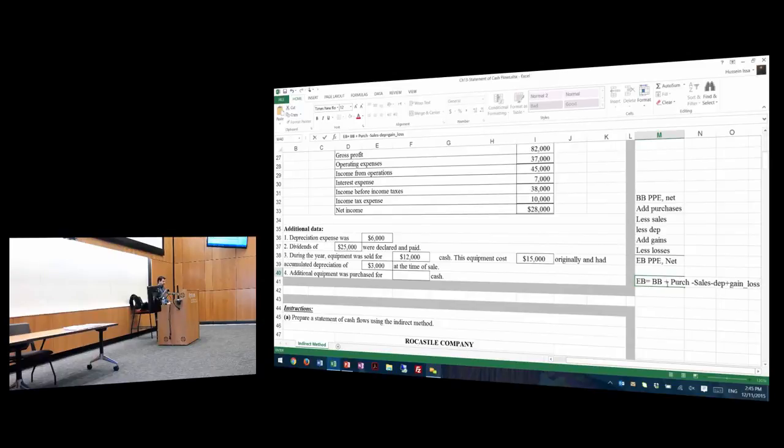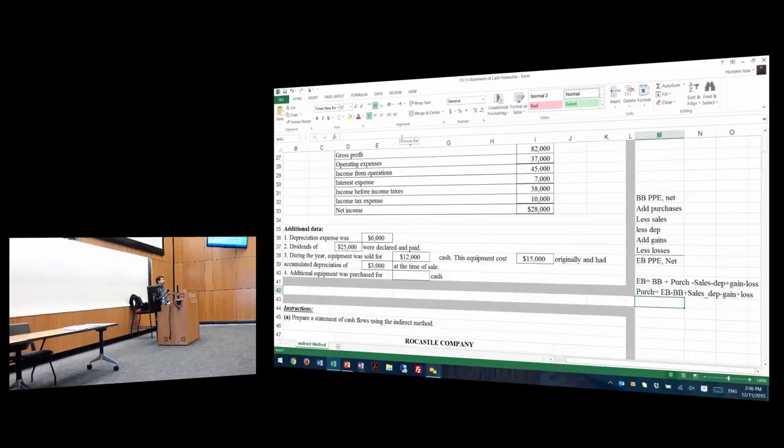Are we good with that? I'm just writing it in equation format. So purchases are equal to what? Just move everything to the other side. You have ending balance minus beginning balance plus sales plus depreciation minus gain plus loss.